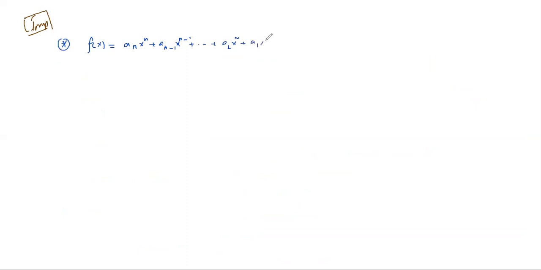So this was the general polynomial structure. Okay, this is not zero. Now if I need a zero of this particular polynomial, what exactly do we have to see? Try to see.